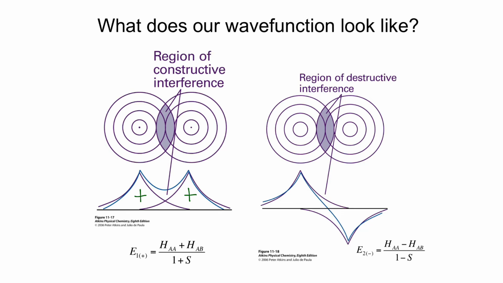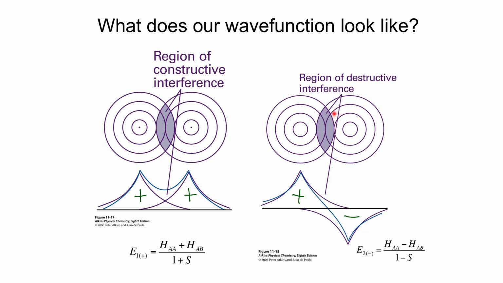If, however, we have opposite signs of the wave functions that are coming together for these atoms, then let's say here we have plus, and we'll call this one minus. Again, remember, opposite signs here. When you have opposite sign functions coming together, they're going to essentially destructively interfere with one another.